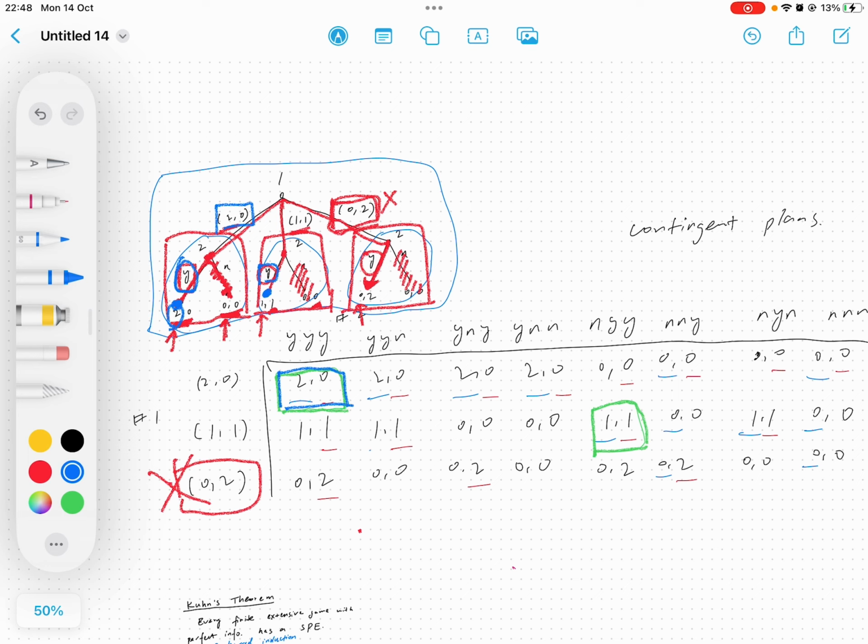Let's go back for a second. If player 2 was going to choose this N here, then player 1 must choose this 1, so player 1 could go directly from here to here and get 1, but here player 1 could only get 0, so gets nothing.